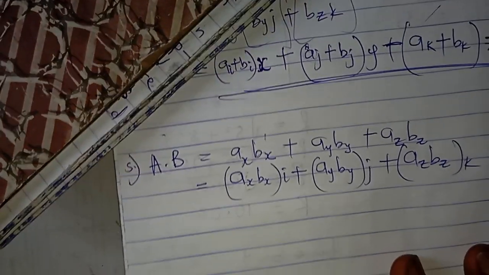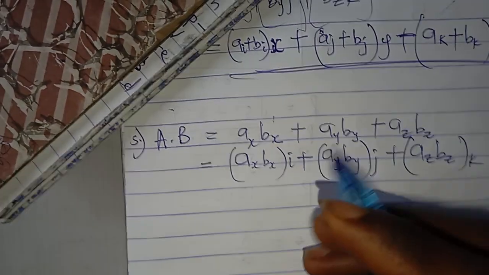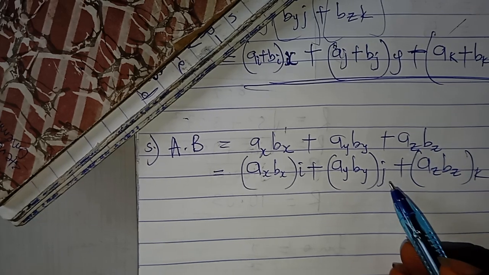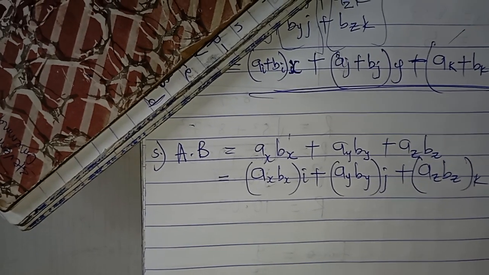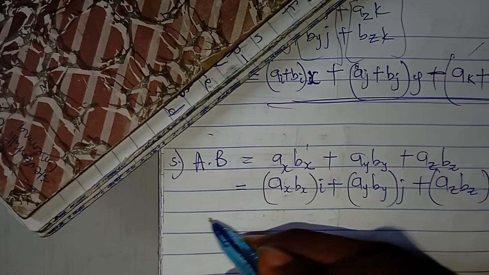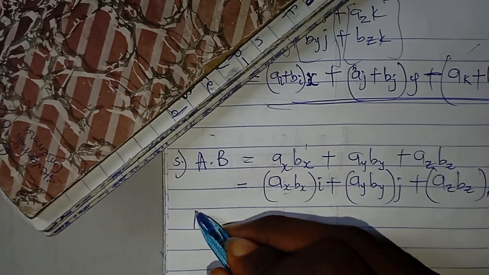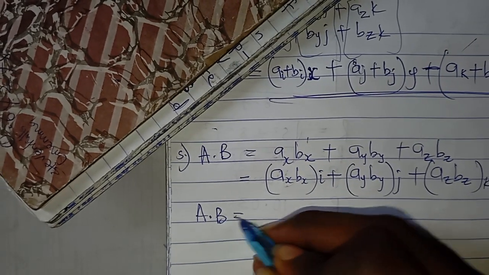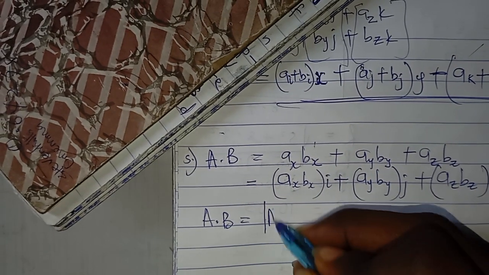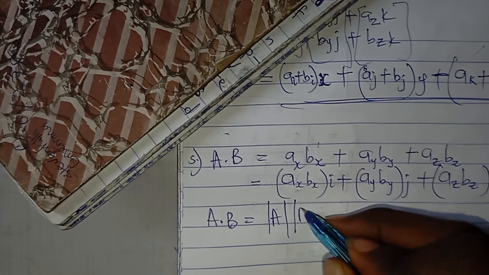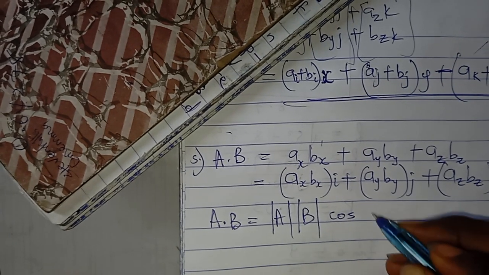I've been able to take it to the I axis, J axis, and the K axis. What I will now do is to simply find, remember that A dot B is always equal to magnitude of A, magnitude of B, then cos theta.